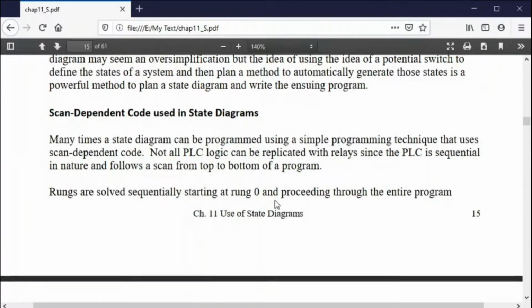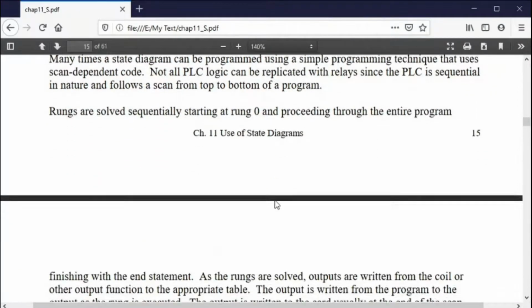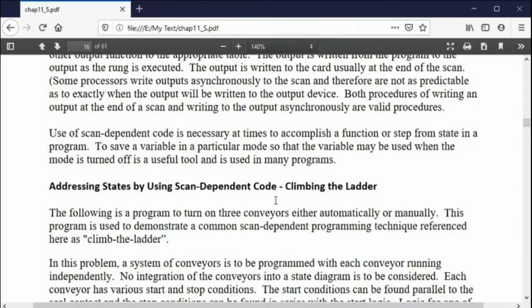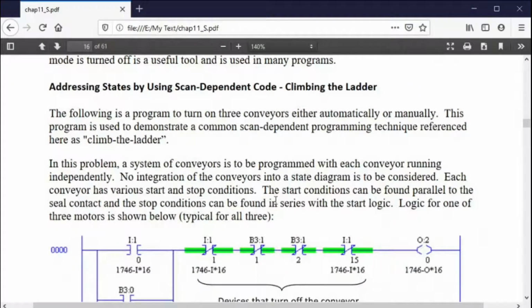And again, sometimes state diagrams are developed by using scan, and I give an example here of what we call climbing the ladder. This is a case in point where you have 3 conveyors, and you say, I'm going to run these conveyors, and then your boss comes along and says, no, I want you to be able to add a master stop and stop them all.